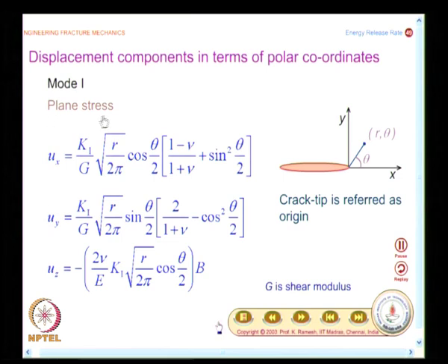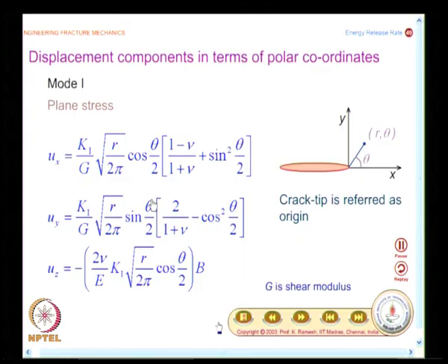We will have to develop it for plane stress followed by plane strain, and what is the form of this expression? Have a look at it. I get this as K1 by G root of r by 2 pi sin theta by 2, and we are going to concentrate on the crack axis. So, on the crack axis, how will it be?